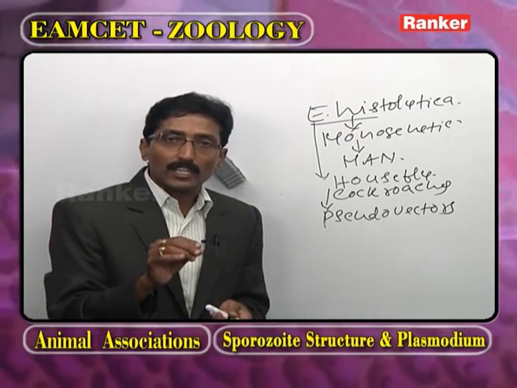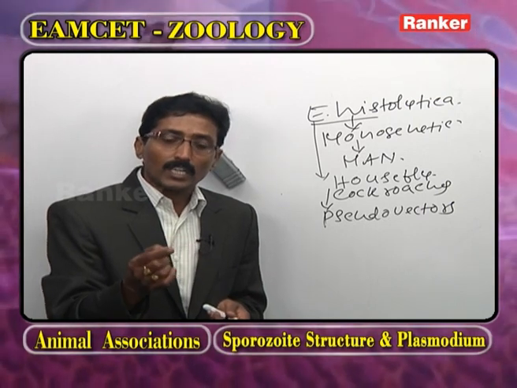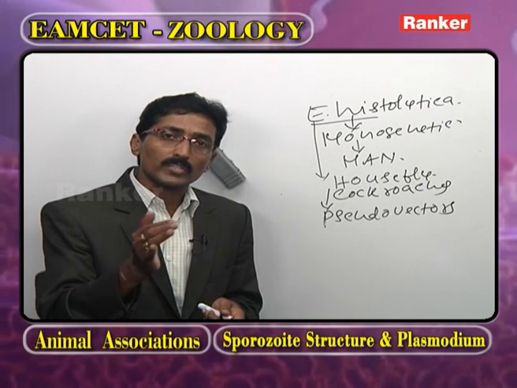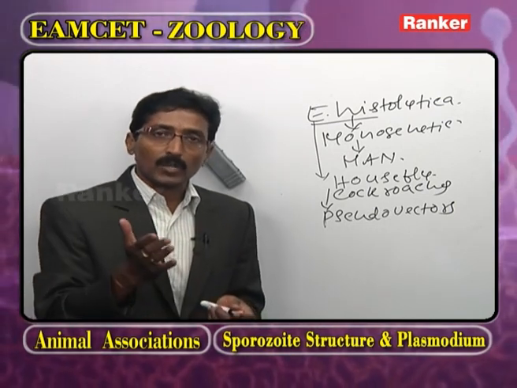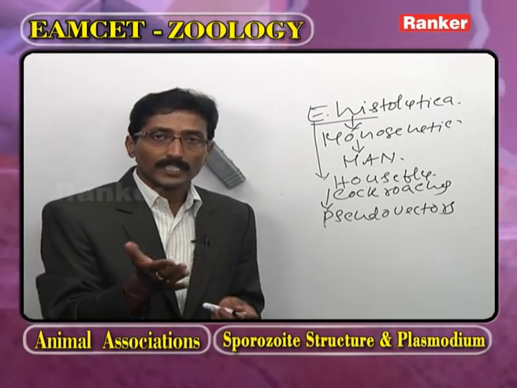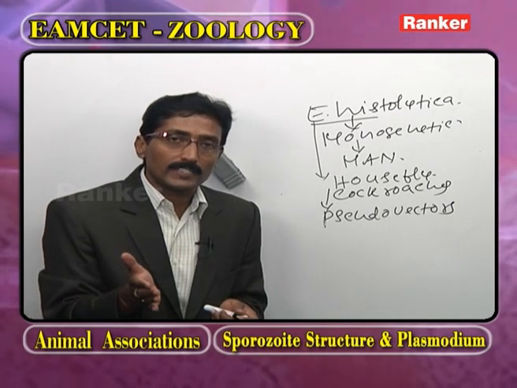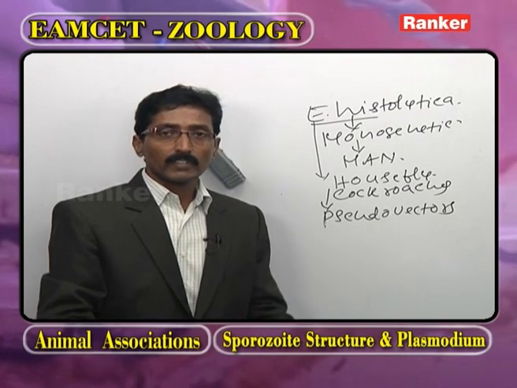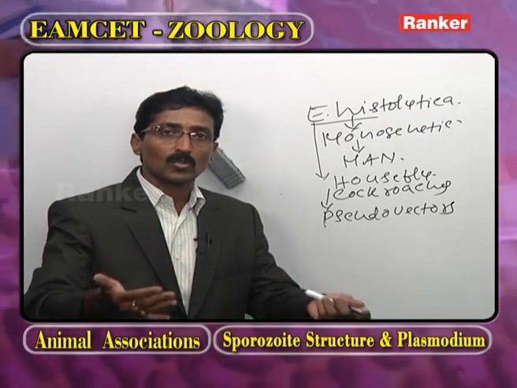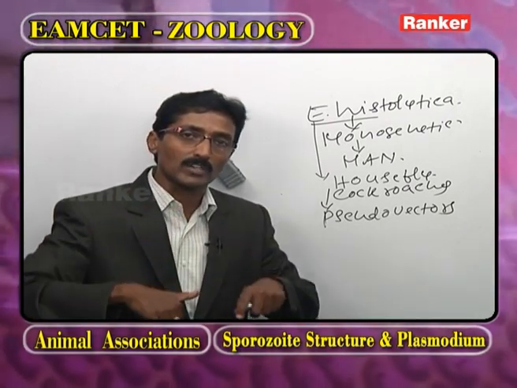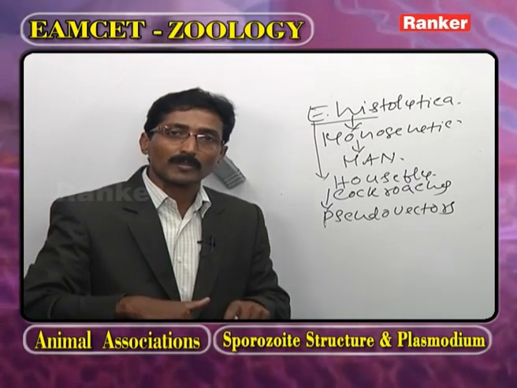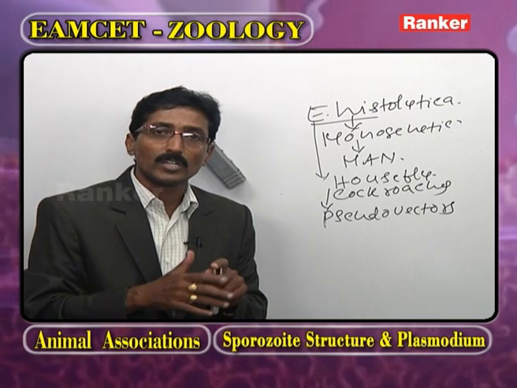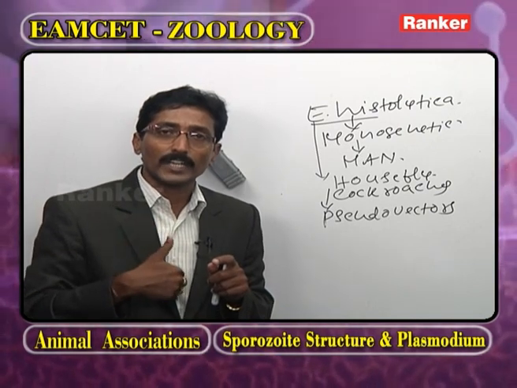On the fecal matter, the houseflies and cockroaches alight. Along with the fecal matter, the tetranucleated cysts are attached to their bodies. Whenever the houseflies and cockroaches alight on our eatables, they are contaminated. Along with the contaminated water and food, we are getting the tetranucleated cyst.